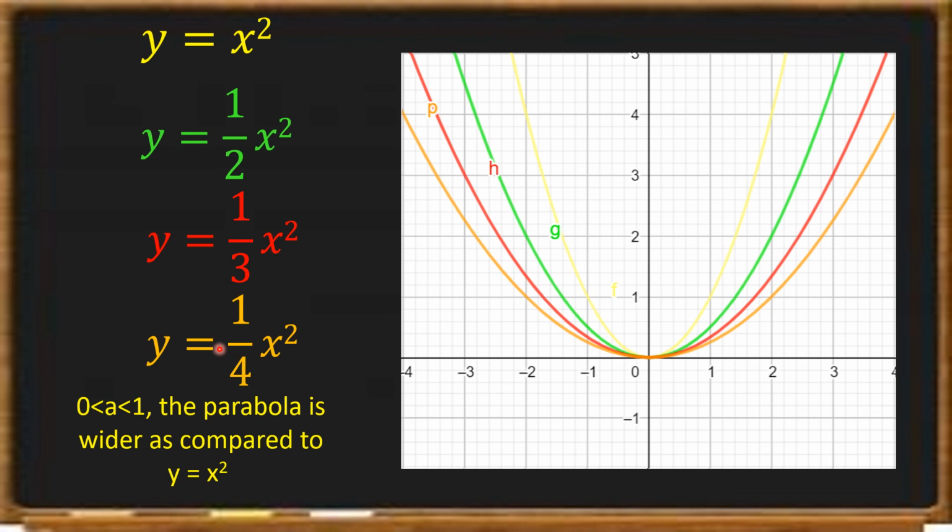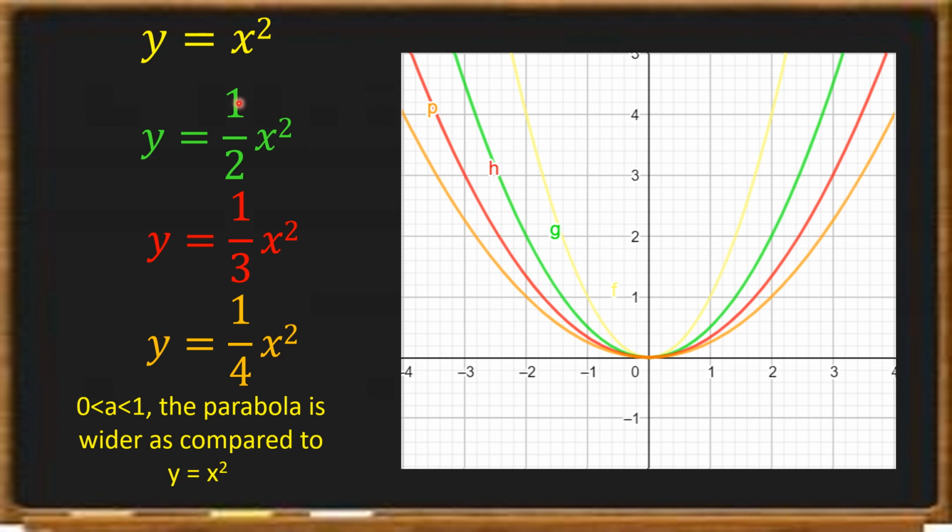Parang kanina sa 1, 2, 3, 4, tapos negative 1, negative 2, negative 3, negative 4. Okay. So, ganun din dito. Pag nilagyan mo ng negative 1 half, negative 1/3, negative 1/4. Okay, yun po ay opens downward. Pero same. Magwa-wide po sila. Ang movement ng graph nyo or yung itsura ng graph nyo ay wider.